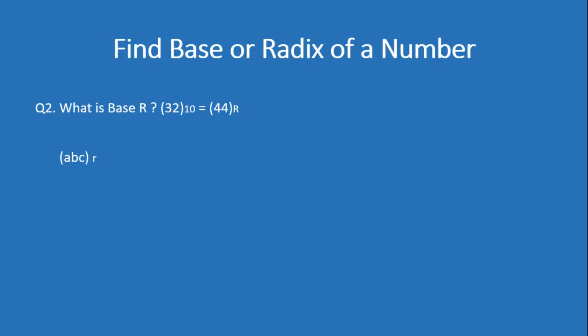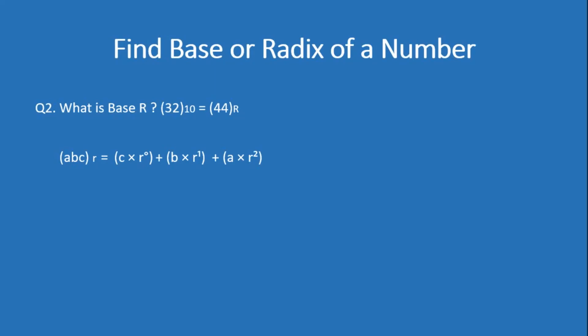This number ABC in base r in radix 10 will be equal to C multiplied by r to the power 0. It will be added with B multiplied by r to the power 1, and again it will be added with A multiplied by r to the power 2.